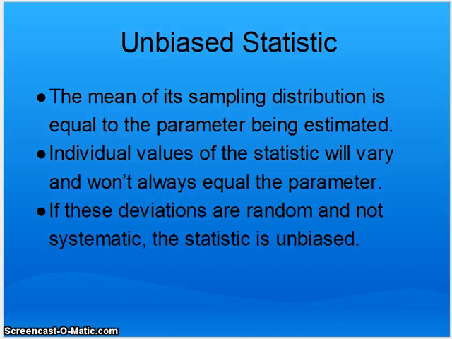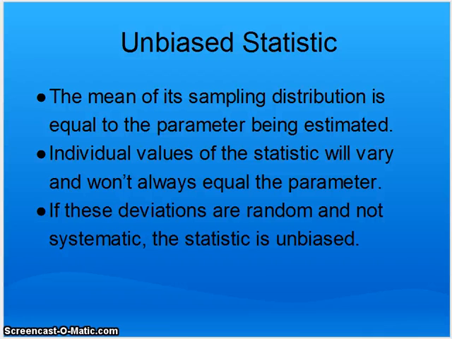And a statistic that has this characteristic is called unbiased. It's not always going to be equal to the parameter. In repeated sampling, the statistic will take on a variety of values, but these values will be just randomly different from the population parameter. They will not be systematically different. So if you have these random deviations that are not systematic, then the statistic is unbiased.